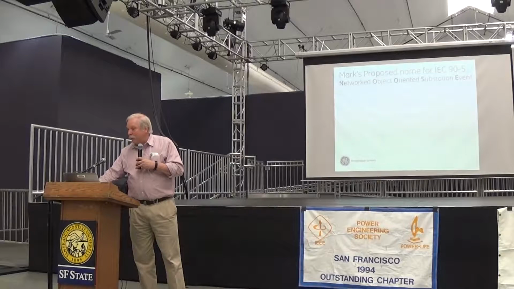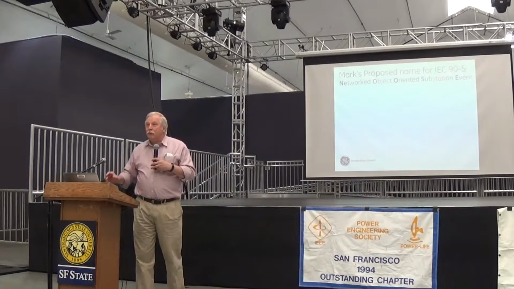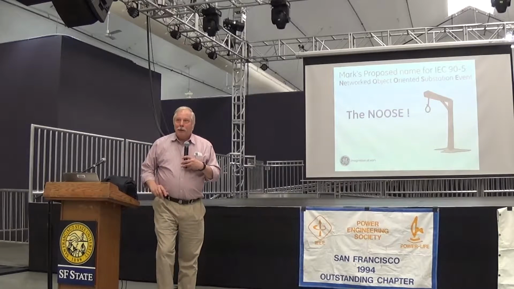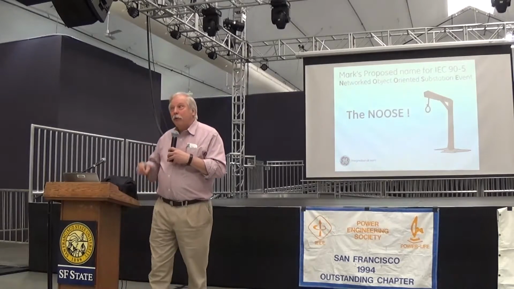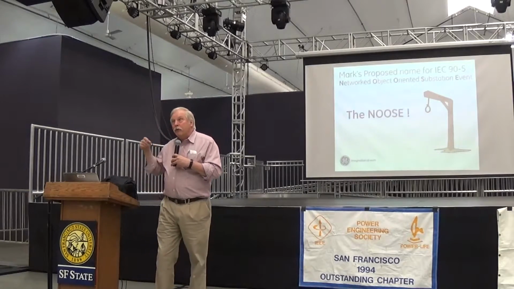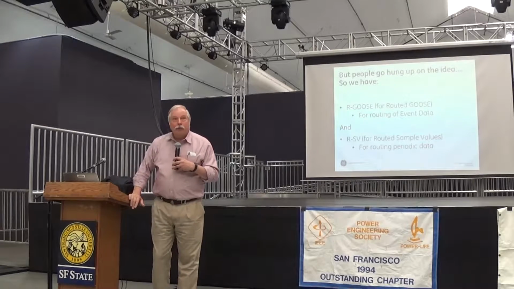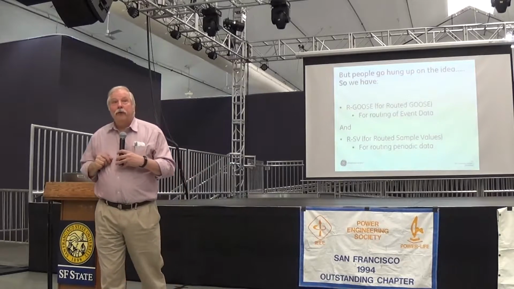I was on the committee, and for me it was obvious what the new name of this should have been. It should have been the Networked Object-Oriented Substation Event, or the NOOSE. People got hung up on the name. So, as a result, the official names of these new routable protocols are called R-GOOSE for routable GOOSE, and R-SV for routable sample values.